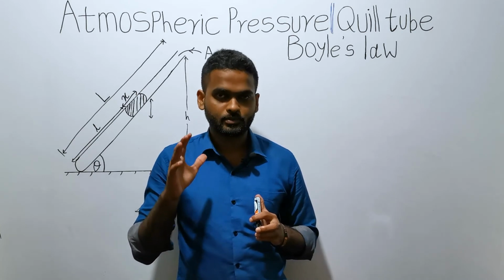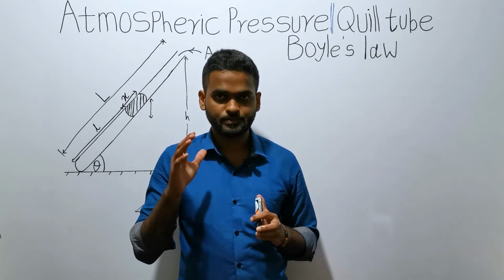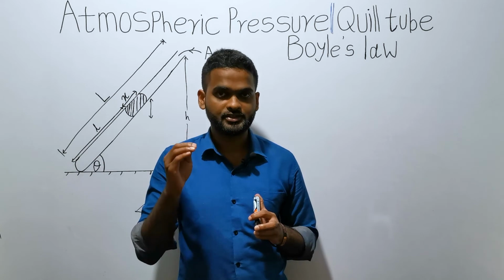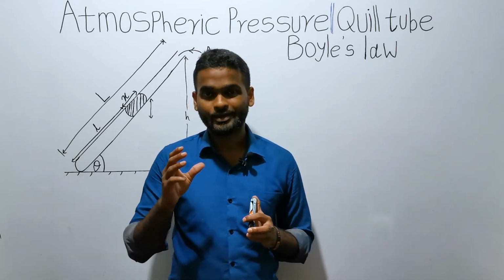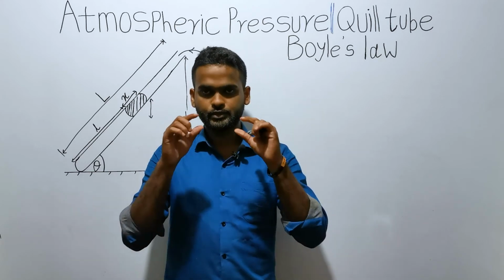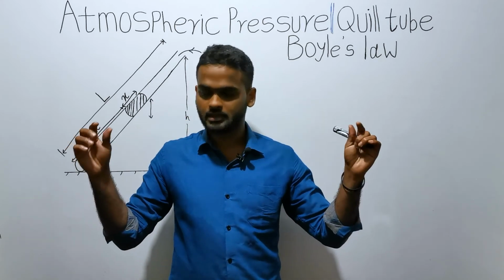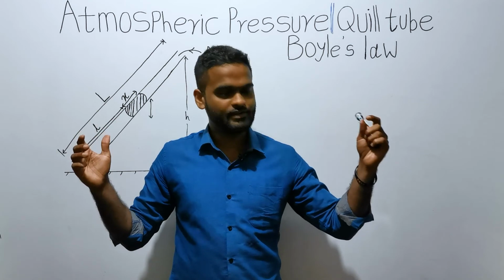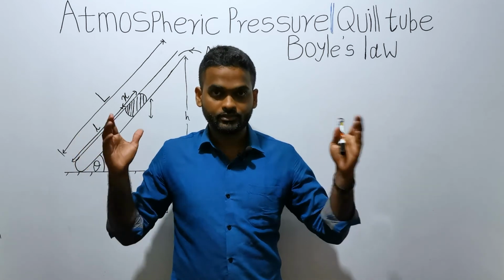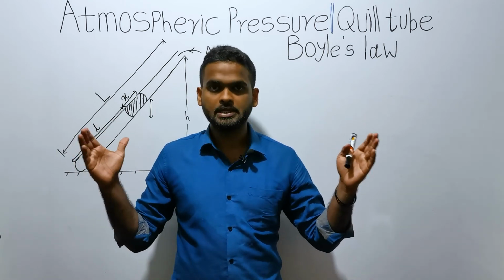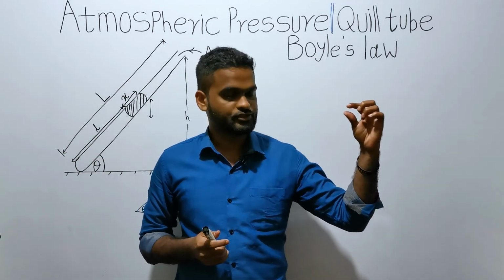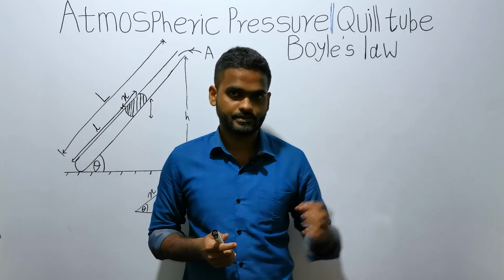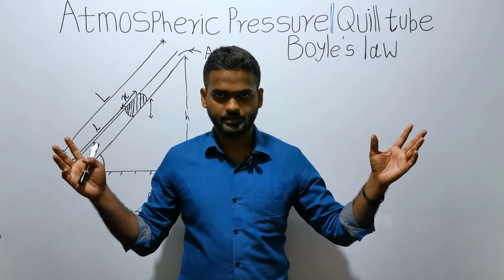Initially, I promised you that I will explain the preparation of a quill tube. So to get a quill tube, you need to have a long glass tube with thin walls. The length of the glass tube should be about 1 meter, and the internal diameter of the glass tube should be about 2 millimeters. Now both ends of the glass tube are open.